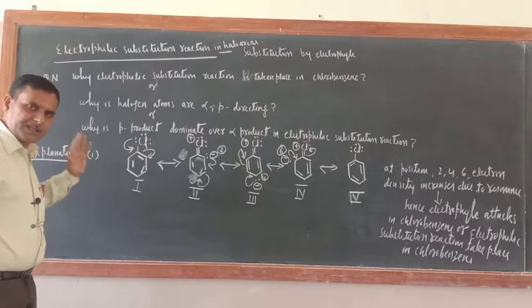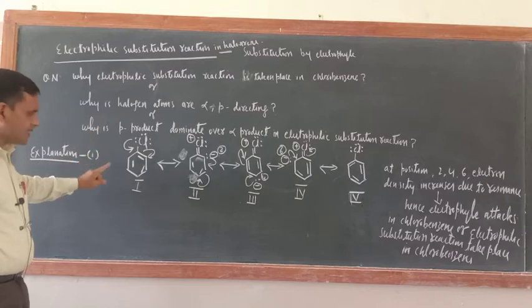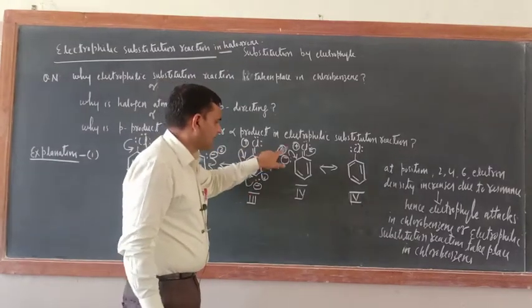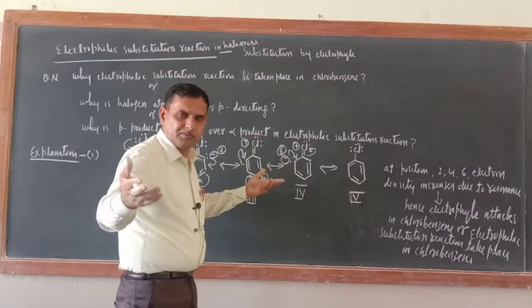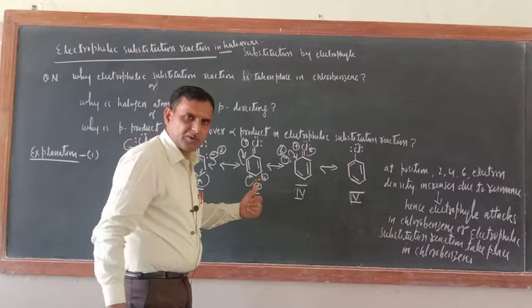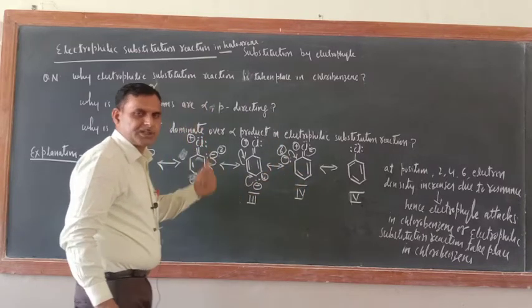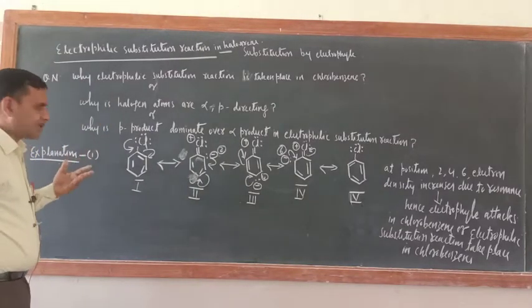Electrophilic substitution reaction takes place in chlorobenzene because due to resonance at 2, 4 and 6 positions, electron density increases, and you know that an electrophile is always in the hunt for electrons only. So very easily they will get electrons at 2, 4, 6 positions. That is why electrophilic substitution reaction takes place in chlorobenzene.